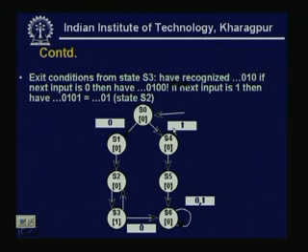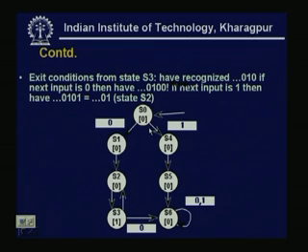Now, exit conditions from state S3: having recognized 0 1 0, if the next input is 0, then 0 1 0 0 occurs. If the next input is 1, then 0 1 0 1.